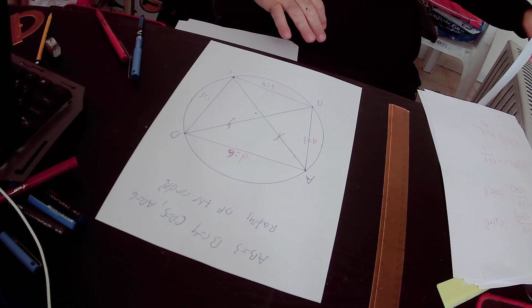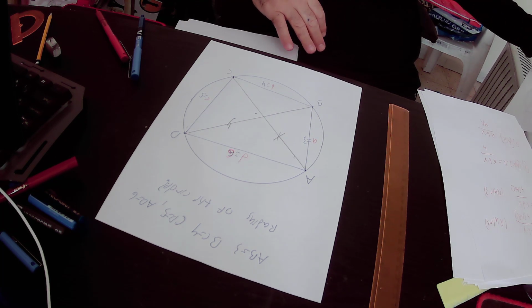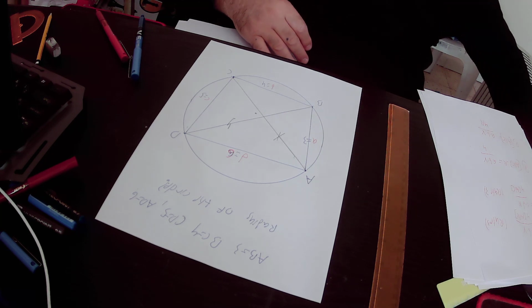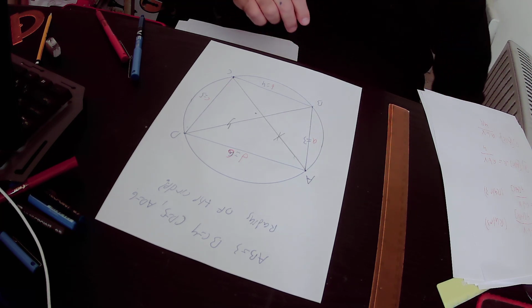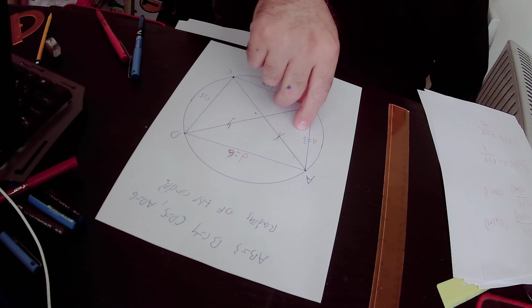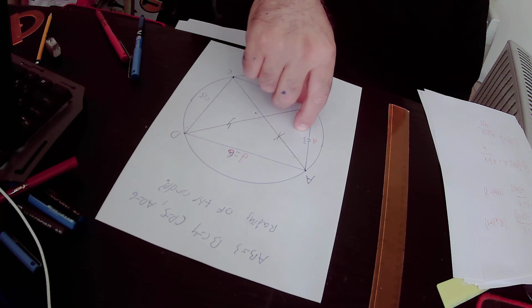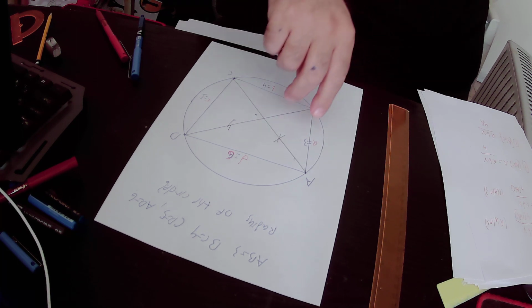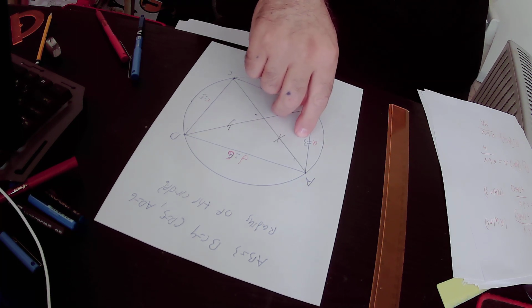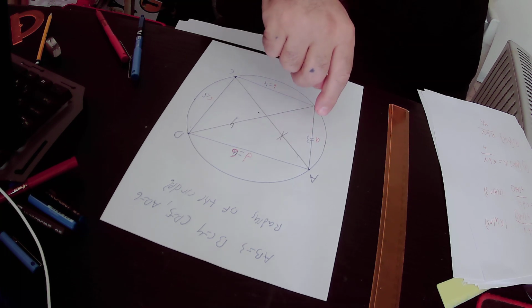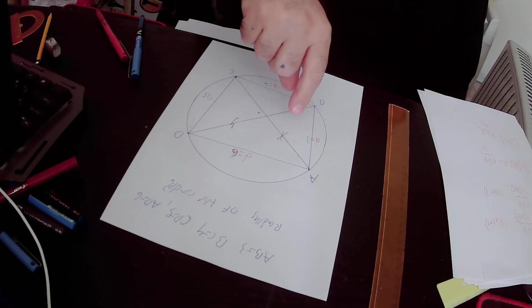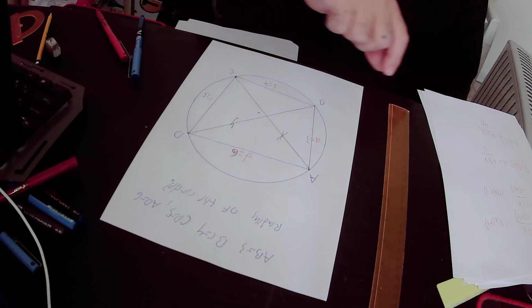Actually, if we focus on triangle ABC, according to rule number 3, the radius of the circle that blocks this triangle will be equal to the multiplication of all three sides over 4 times the area of triangle ABC.